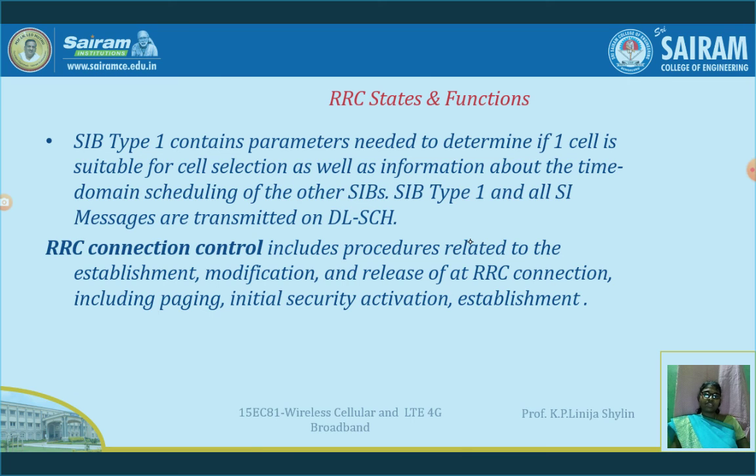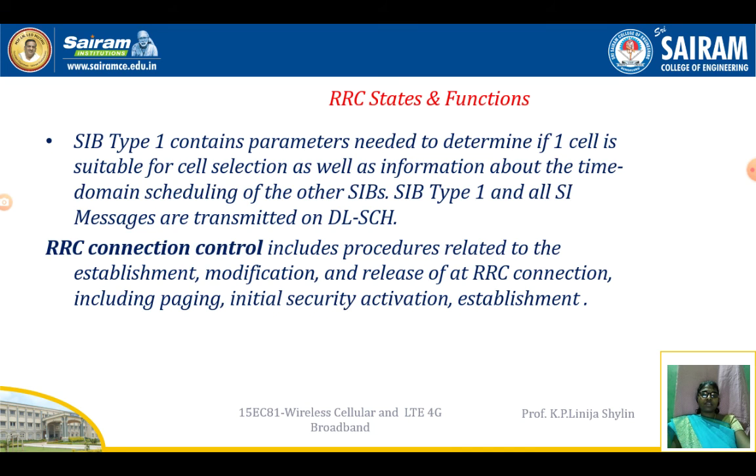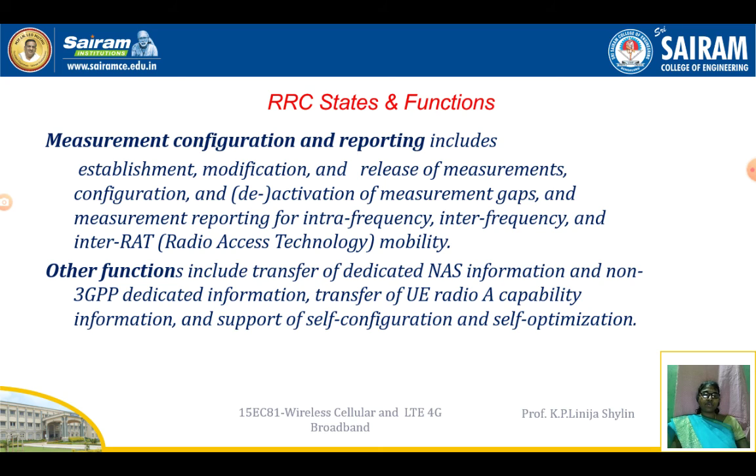Next we will see RRC connection control. The procedures are establishment, modification and release of the RRC connection, then paging, then security activation. These all come under the RRC control functions.